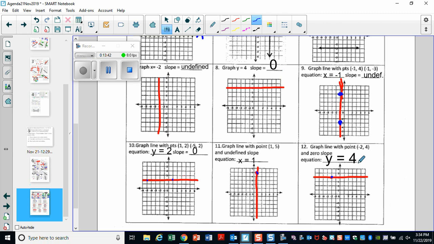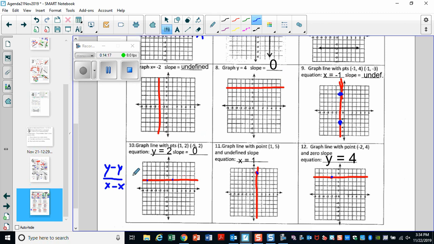So these activities will help you take care of your math space activities. Now, there was also a math space activity where you were given 2 points and you need to determine the slope. Basically, for problem 10, remember it's y minus y over x minus x.